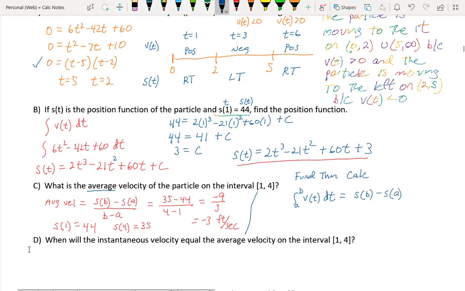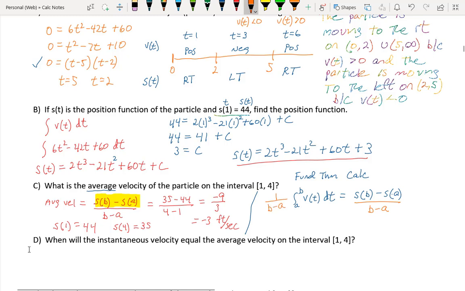Now, why is that important? Because if you look at what we just did on the left side here, we did S of b minus S of a, but we divided that by b minus a. If I divide this side by b minus a, I can also divide the other side by b minus a, so it would be written as 1 over b minus a.